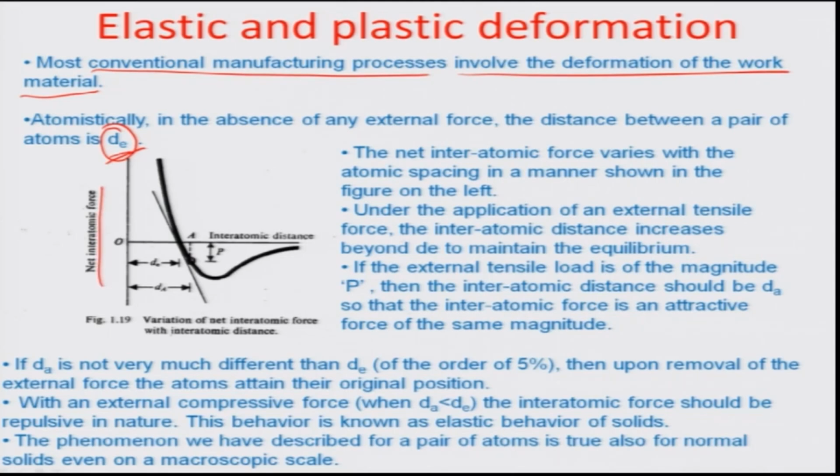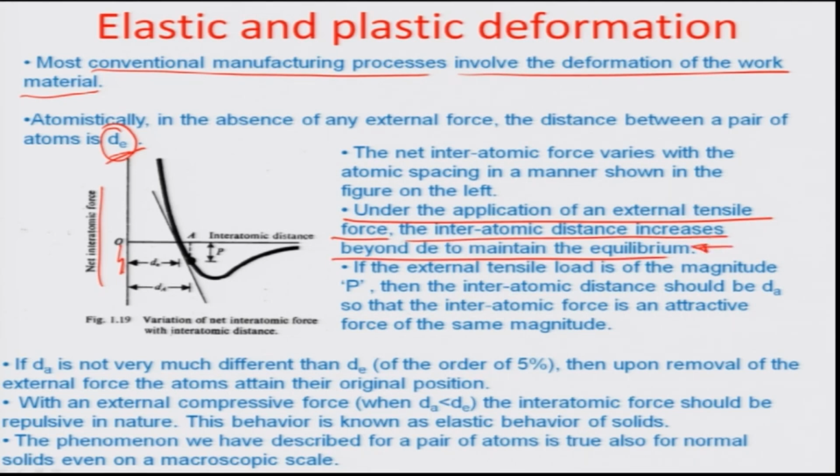So let us look at the net interatomic force. Obviously in order to hold these atoms together at a distance d, you need some amount of force for doing that, and this net interatomic force here is non-zero as you can see at the distance d. And supposing under the application of an external tensile force, the interatomic distance increases beyond d to maintain the equilibrium.